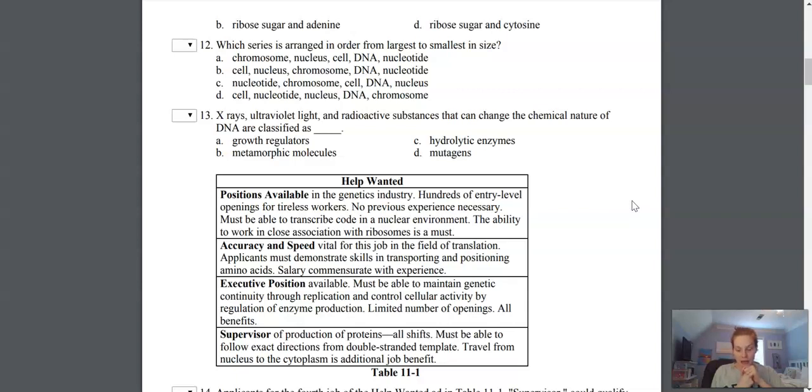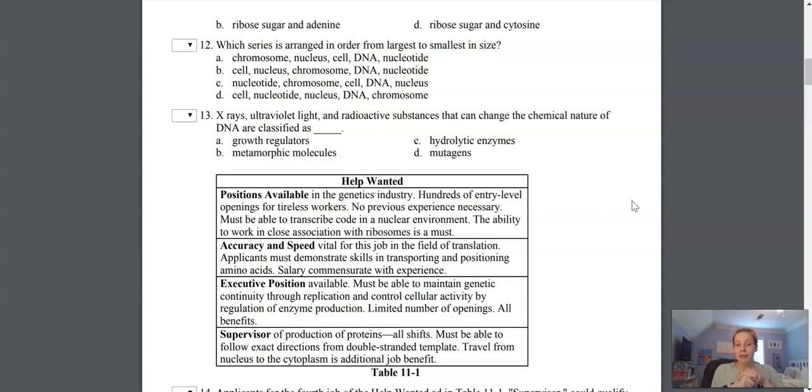Well, what is a nucleotide? It's the building block for DNA or RNA, building block for nucleic acid. So that's definitely not the largest. Okay, the nucleotide is your phosphate group, 5-carbon sugar, and base. That's definitely not second largest.